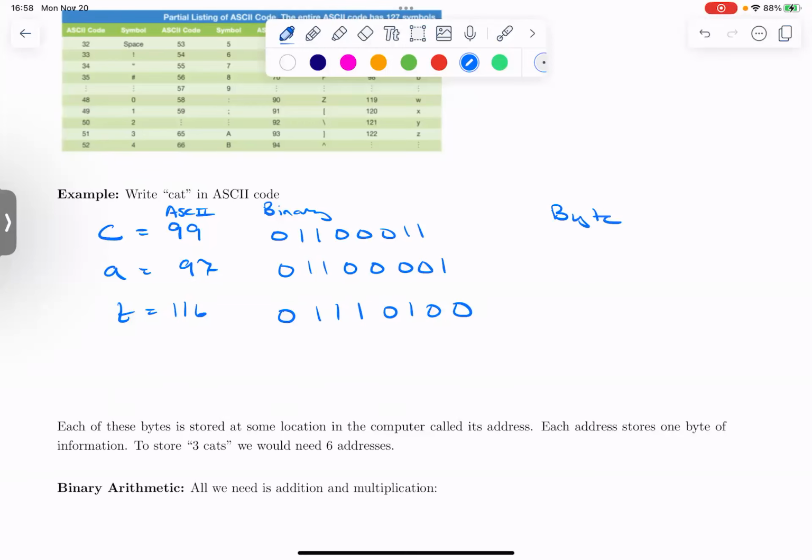I don't think you add them because they're each a byte. Off, on, off, etc.